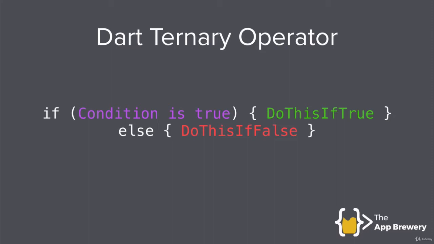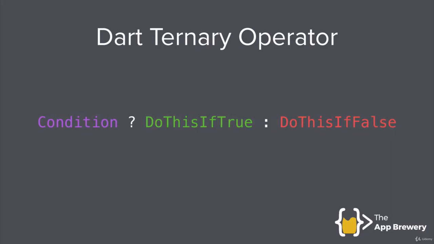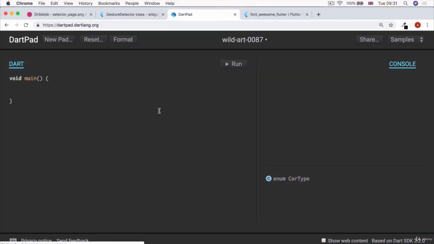But if we used a Dart ternary operator instead, then it simplifies that into a single line where we check the condition. If that condition is true, then we carry out this. And if the condition was false, then we carry out this. All that we need here is a question mark and a colon. If that seems a little bit magical, don't worry, because we're going to head over to our trusty Dart pad to flesh it out and see how it works.